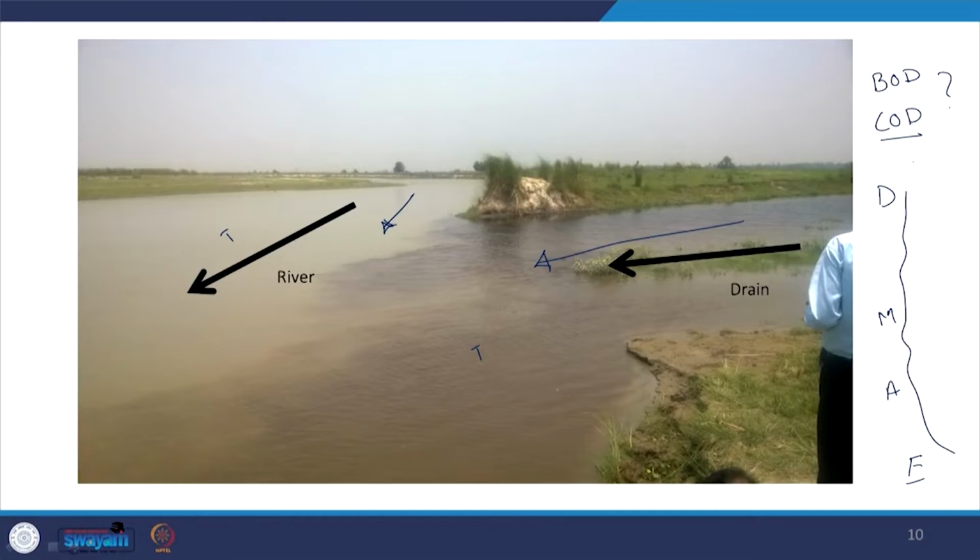Upstream of Delhi, the quality of water is pretty good, but by the time it passes through Delhi or the National Capital Region, NCR, the water quality is so poor that nothing survives in this water. During the summer season, it is more or less a drain with little to no flow.